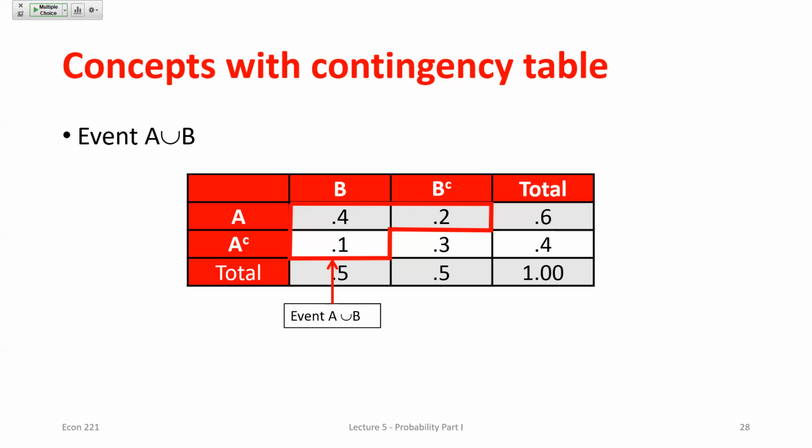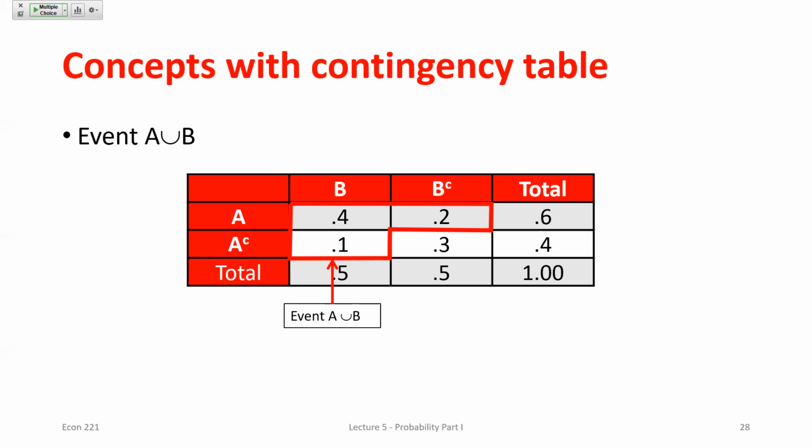Think about it, I've got event A and event B. I could break this down into three components. We think about everything that's in this crescent moon. We can come up with what that is by thinking about all these outcomes are in A, but notice they're not in B. They're outside of B. So really all this is the intersection of A and not B. Well, not B is just B complement.